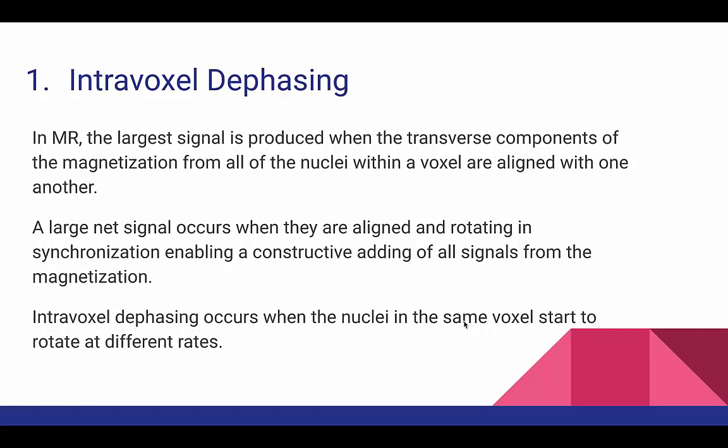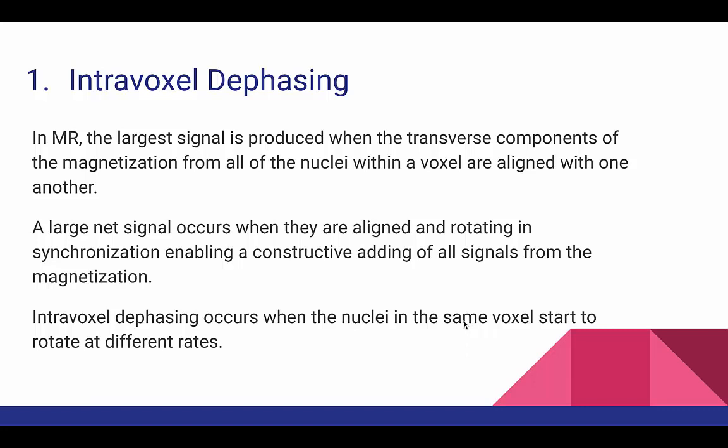With the MRI, the largest signal that is produced is when the transverse components of the magnetization from all of the nuclei within a voxel are aligned with one another. Now, a voxel means basically a pixel, but in 3 dimensions.